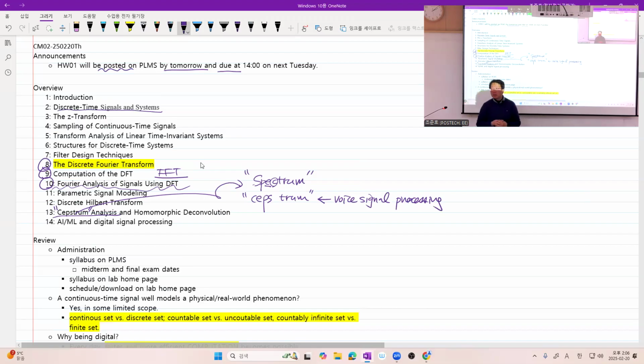And you will find something interesting. For example, you record your voice and decompose your voice signal into a filter and an input signal. And this input signal is not arbitrary, but in a short period, it's a kind of periodic signal if your vocal cord is vibrating.